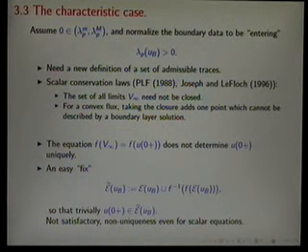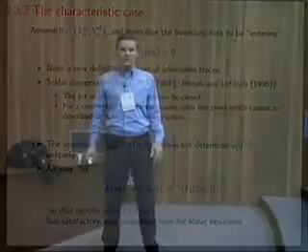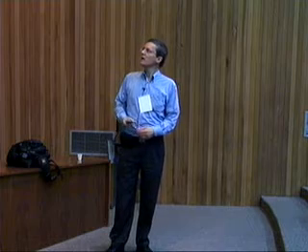And I want to mention some earlier work here on scalar conservation laws that I had done in part with Joseph, where we observe that the set of all limits V infinity that you could get, so in the scalar case this is very easy to check, is not closed. So this set is not closed.